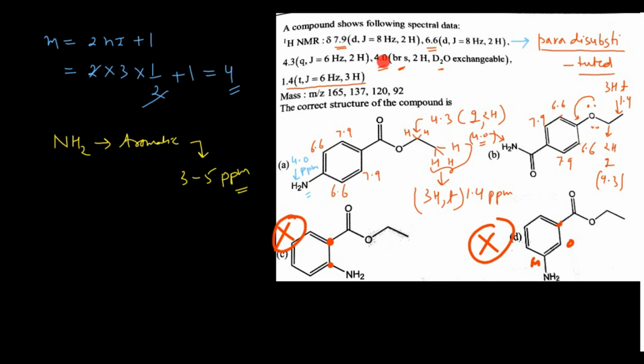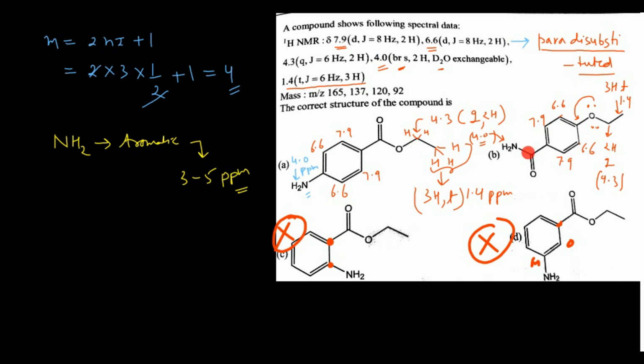Okay, the peak is there at 4.0. Let me check what is happening here. So what we can see here in this option 2, what I told you, roughly aromatic protons, they will give you this value between 3 to 5, and it is given that at 4 ppm you will get the answer.